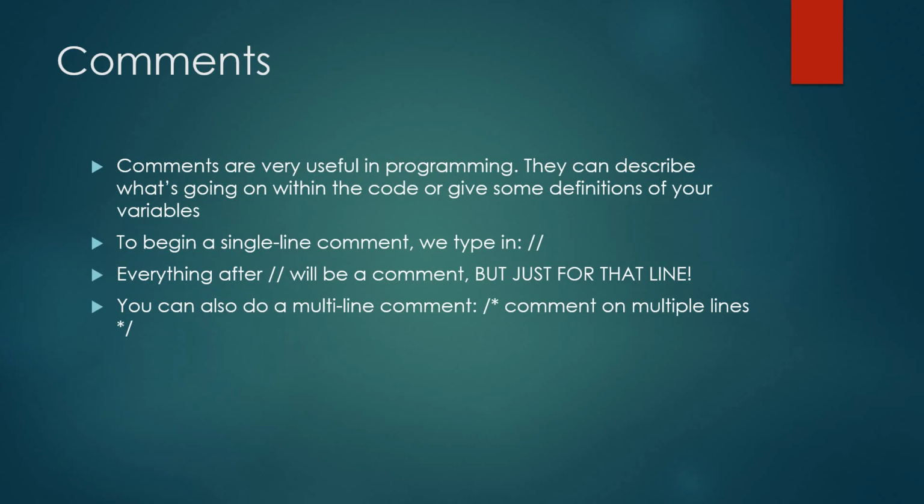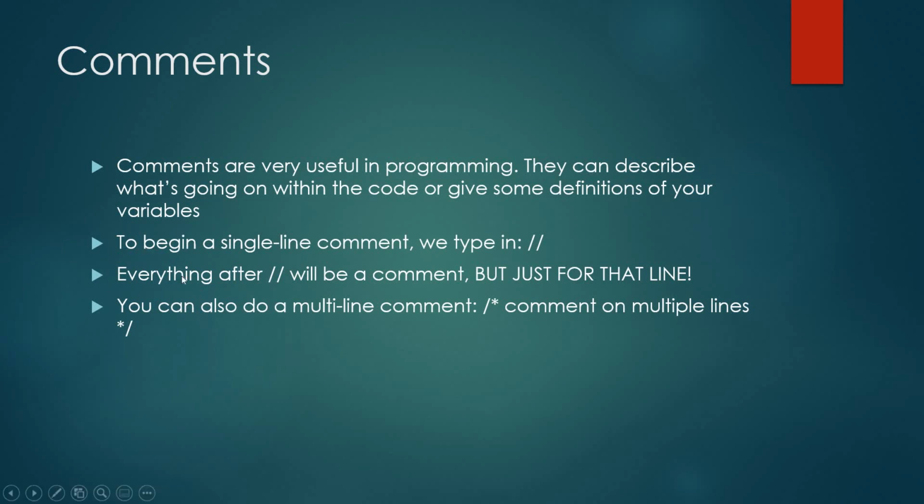So let's say I have a calculator program. I'll put a comment at the top saying, this program is a calculator, and so on. Whatever you want to put. Comments are always ignored by the compiler. It will skip over comments. So whatever comment you put will not impact the program in any way, shape, or form.